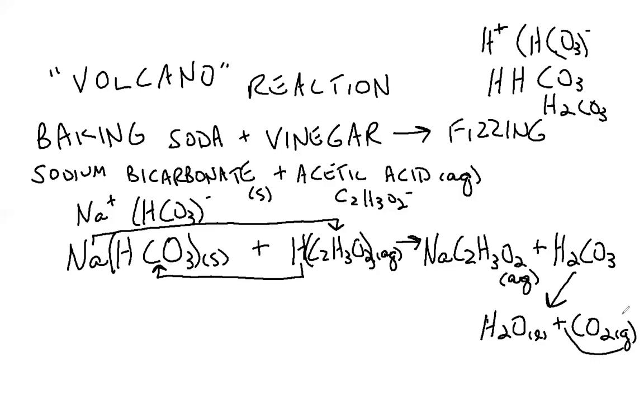The carbon dioxide gas that's produced is what causes all the fizzing when you mix baking soda and vinegar. So we have a decomposition reaction. Nope, I'm sorry. We have a double replacement reaction that is followed immediately by a decomposition reaction.